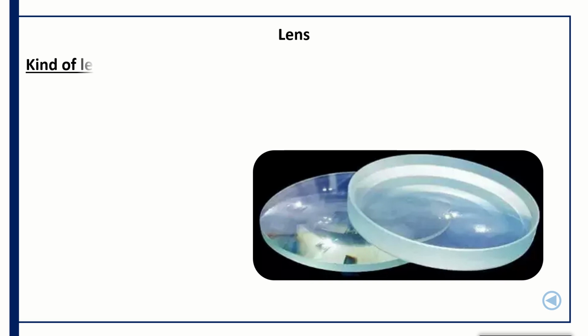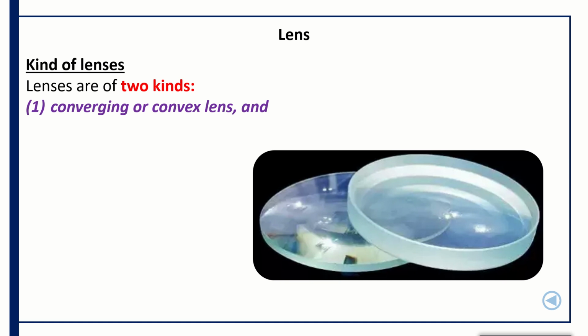Now we use different types of lenses. The lenses are categorized in two kinds. The one is converging or convex lens. We'll try to understand what convex lens is and how it converges. The another type of lens is diverging lens, or we also call that concave lens.